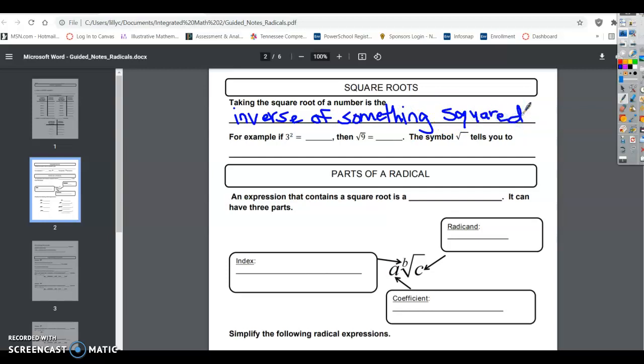For example, 3 squared equals 9. That means the square root of 9 equals 3. The symbol square root tells you to undo the squared term or to take the square root.